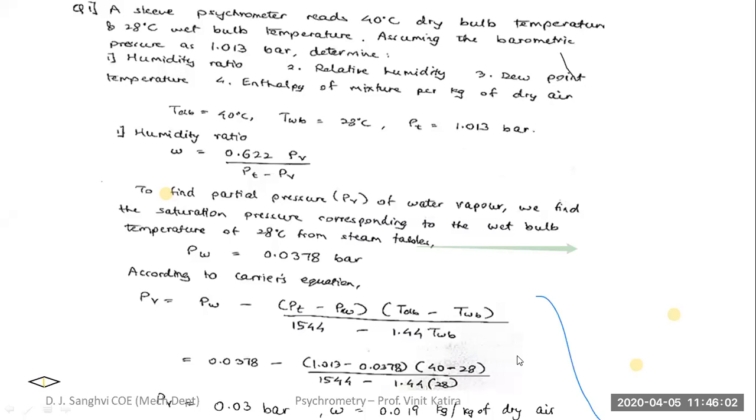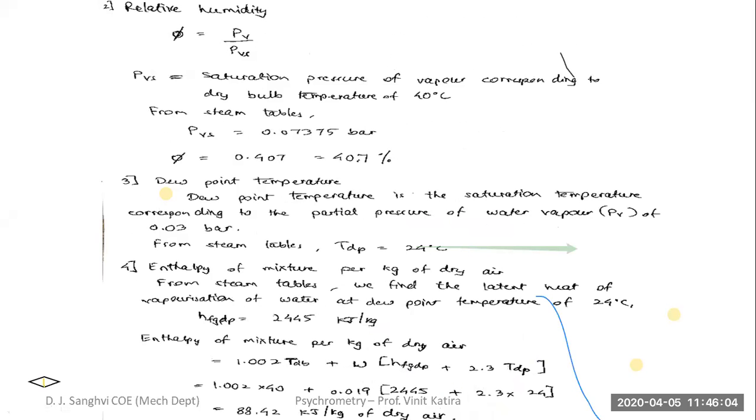Next, we have to find the relative humidity. Relative humidity is the ratio of the partial pressure of water vapor to the partial pressure of saturated air. PVS is the saturation pressure of water vapor corresponding to the dry bulb temperature. What does this mean? The moisture holding capacity of any volume of air is governed by the dry bulb temperature.